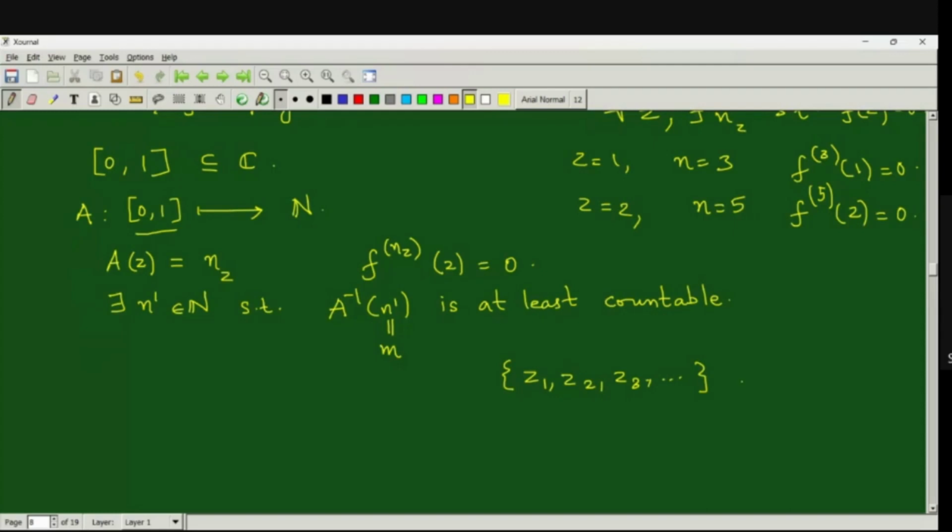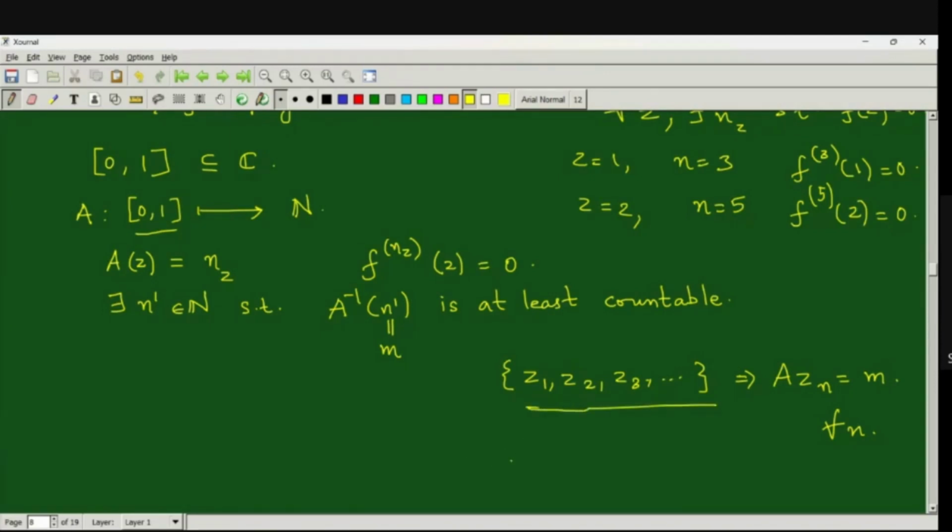This is the set, which implies the mth derivative of f at z_n is actually 0 for all n. Now this is a bounded set in C. Why? The entire domain itself is bounded. So this is a bounded set in C.